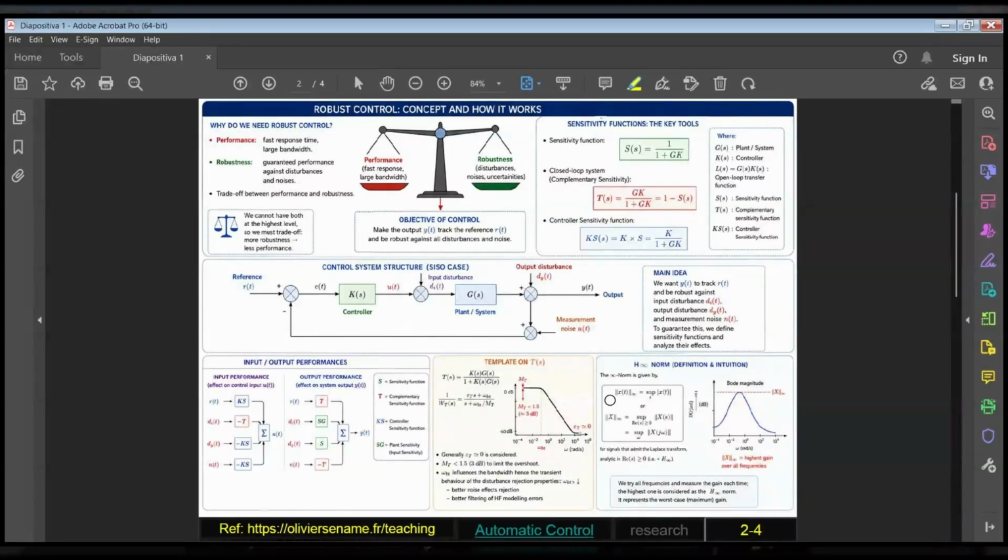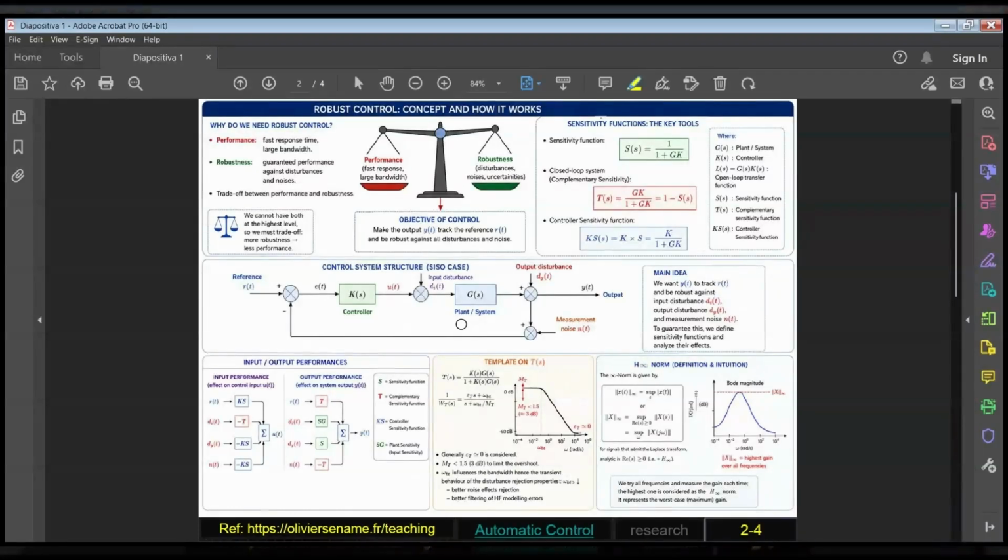Now let's look at the control structure. We have a controller K and a plant G. The reference input is R and the system output is Y. The main objective of our controller is simple.